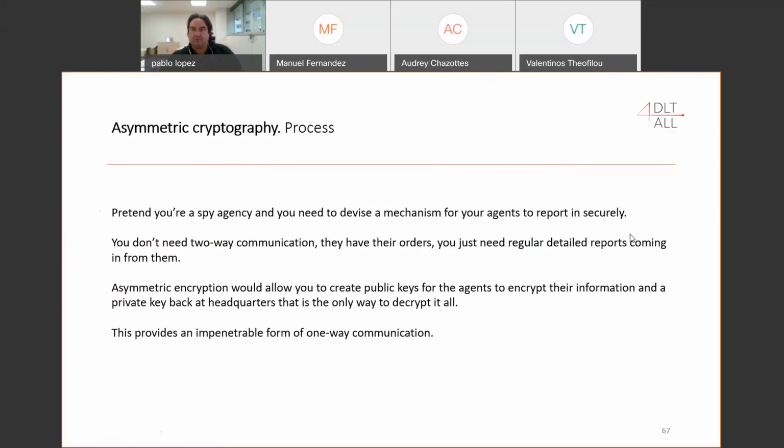I want you to make a little reflection about how this asymmetric cryptography process will be useful for you, how it will be used in your normal, frequent communication, and in which situations you will find it interesting.